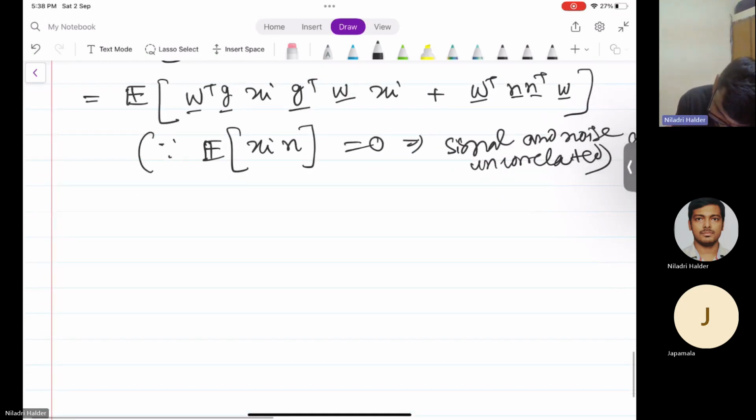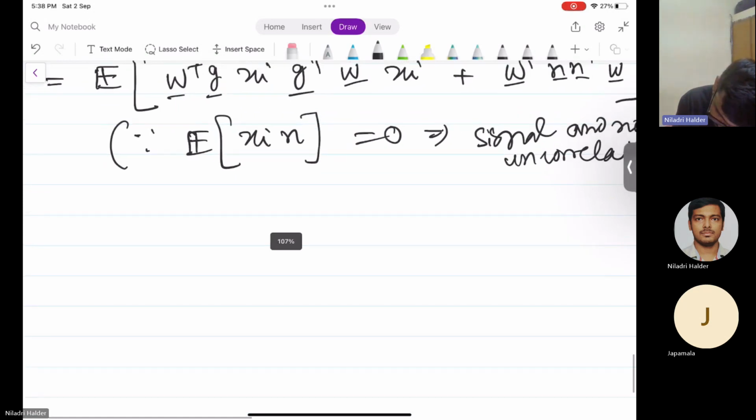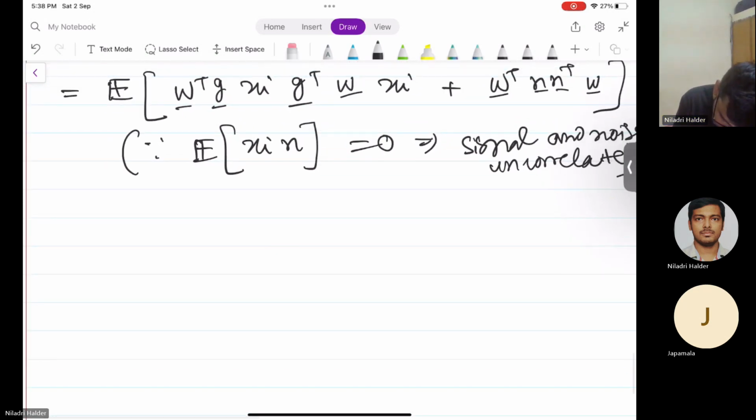W is a non-random vector, and W transpose G is also a non-random vector.